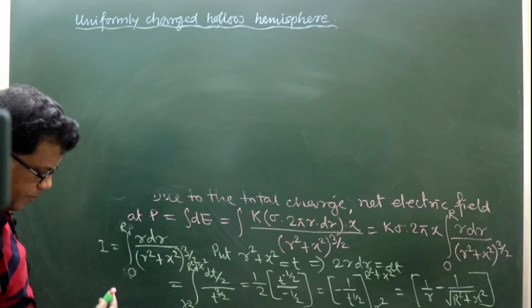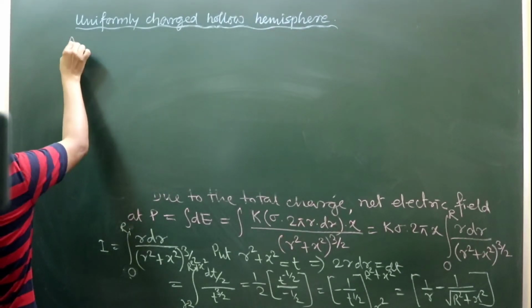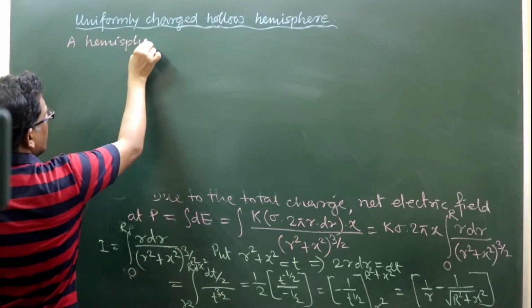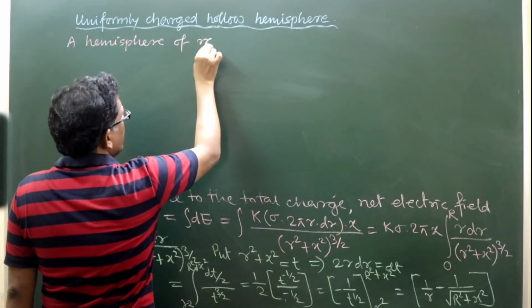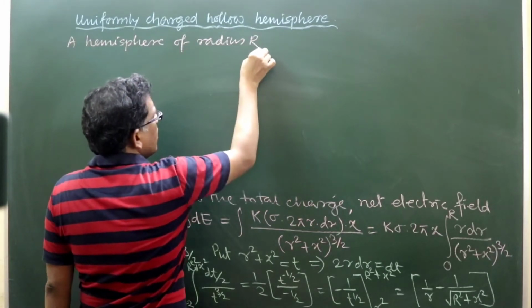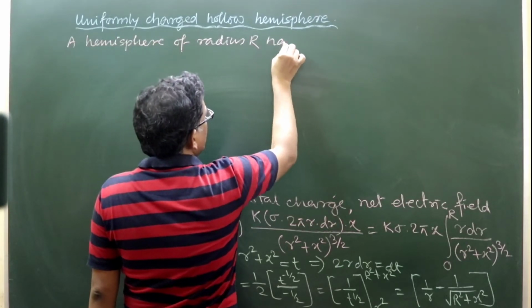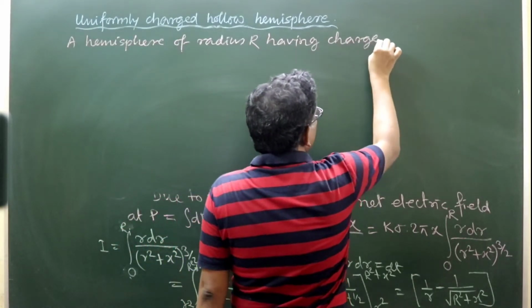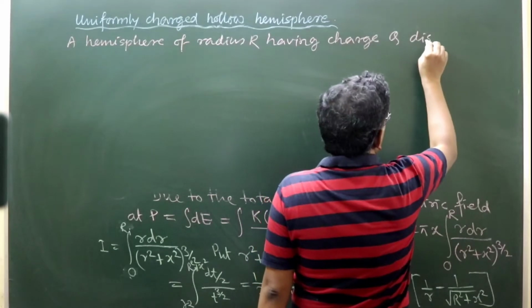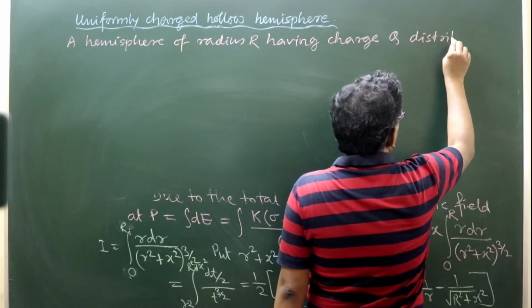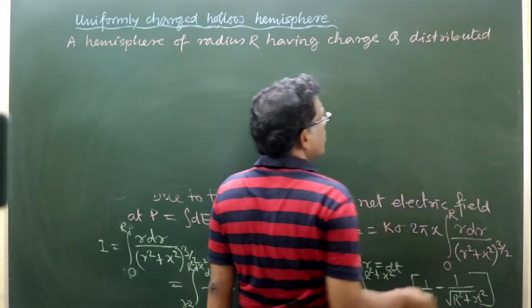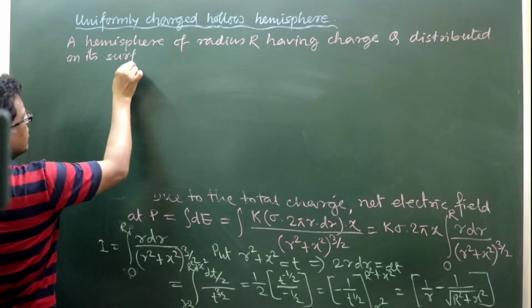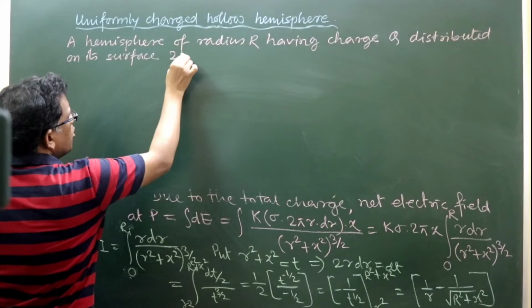we will consider a hemisphere of radius r having charge q distributed on its surface, two pi r square, right?